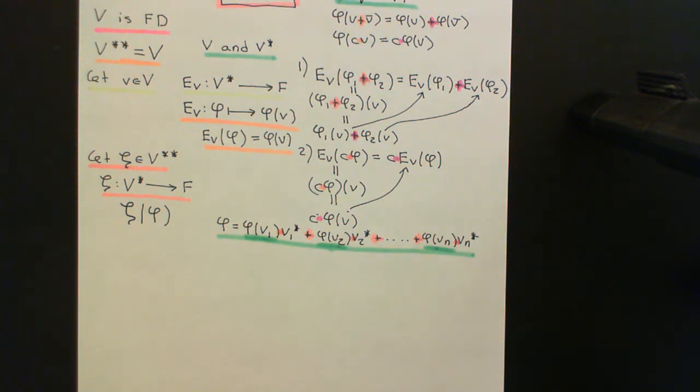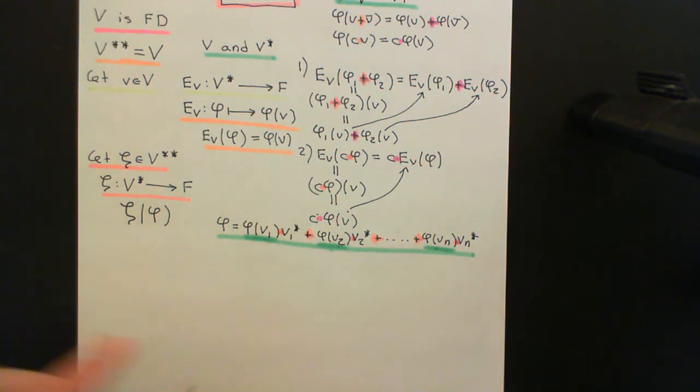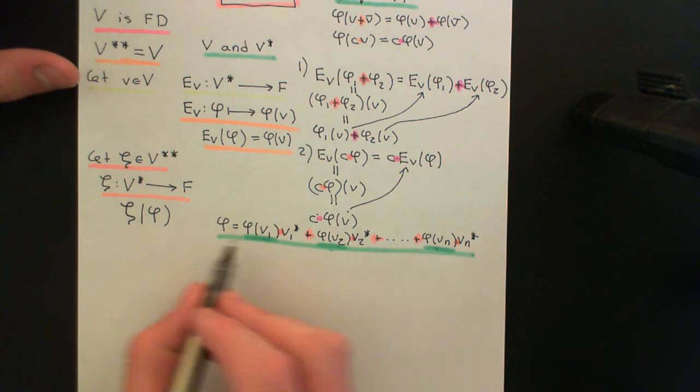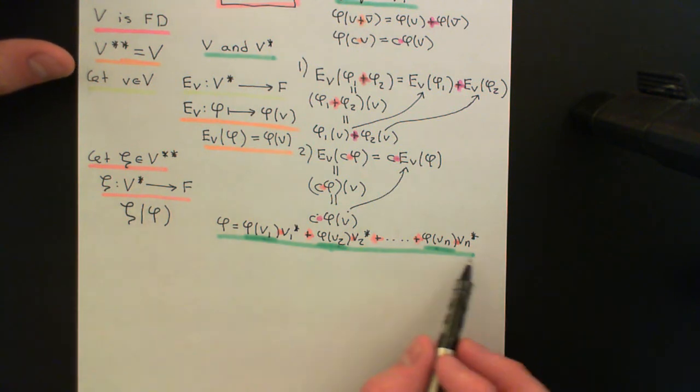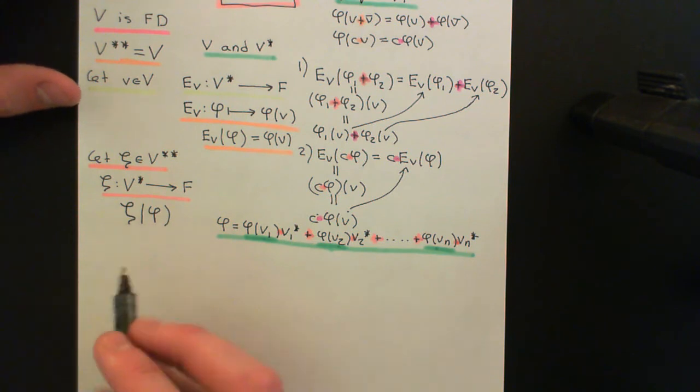Now why is that so important? And I should stress, if you want to see more about where this comes from, it's all discussed in more detail in the previous video on basis of a dual vector space. So why have I done this? Well, we can now put in the linear combination that I've written phi as into this expression here.